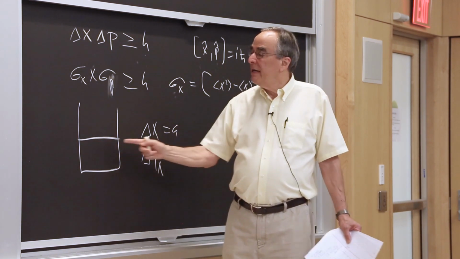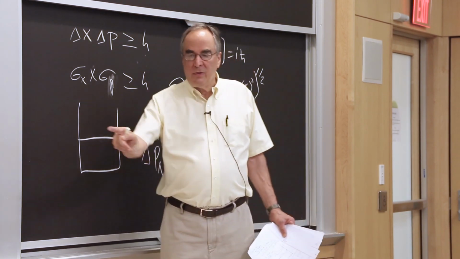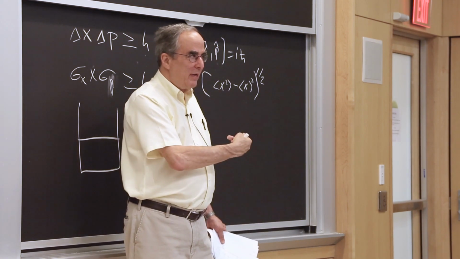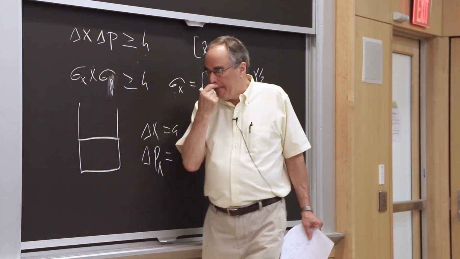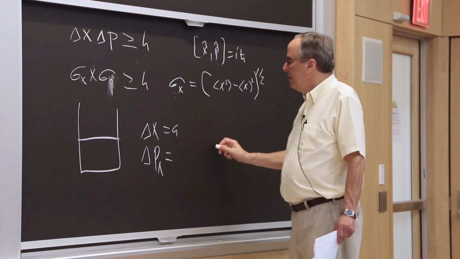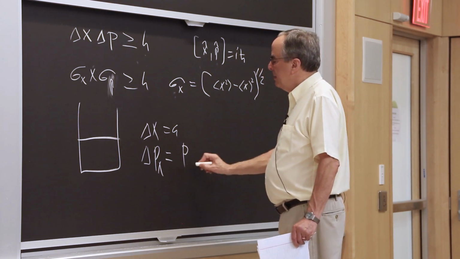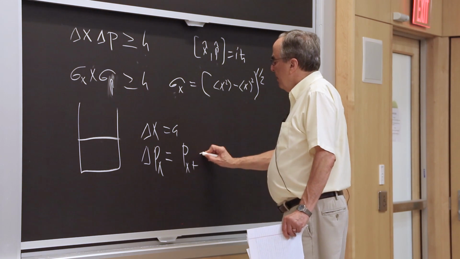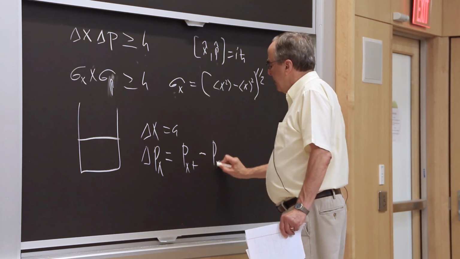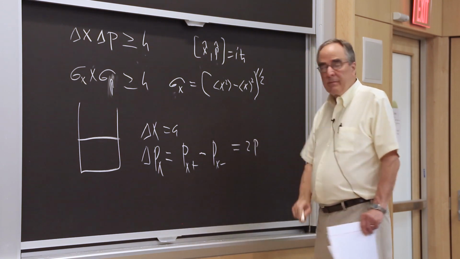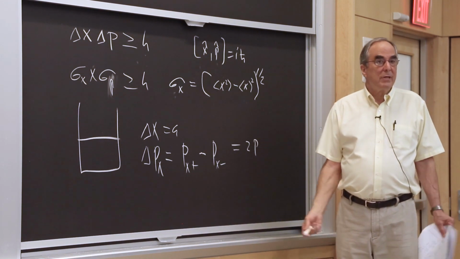In an eigenstate, we've got equal amplitudes of going this way and going that way. So we could just say p sub x positive minus p sub x negative, which is 2p. That's the uncertainty.